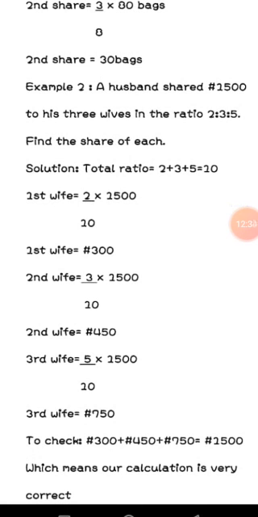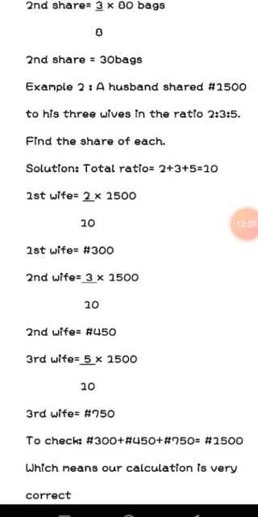I divided my 10 by 10 and I divided my 1,500 by 10, which will give me 2 times 150. 2 times 150 is 300, meaning the first wife's share is 300 naira.